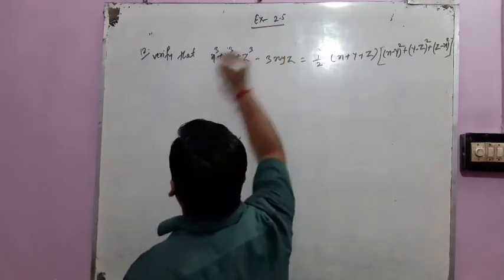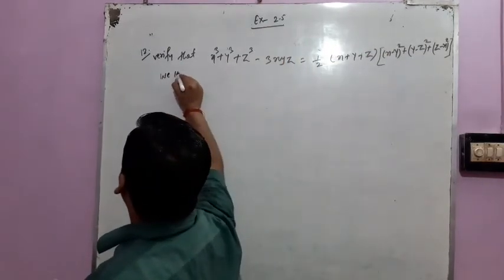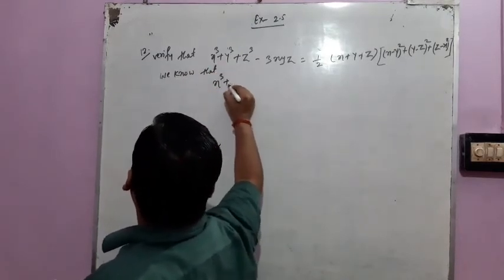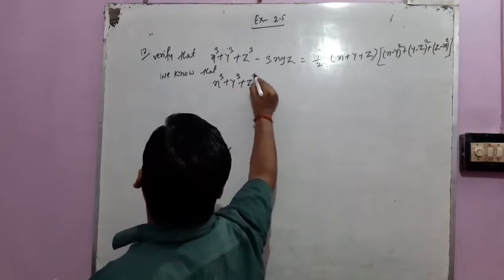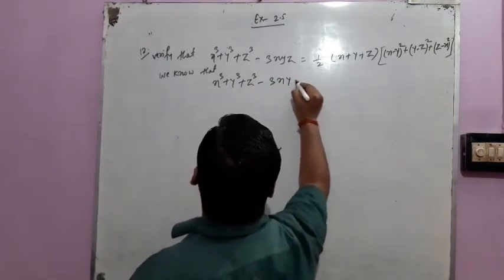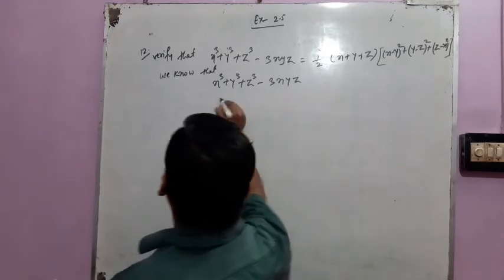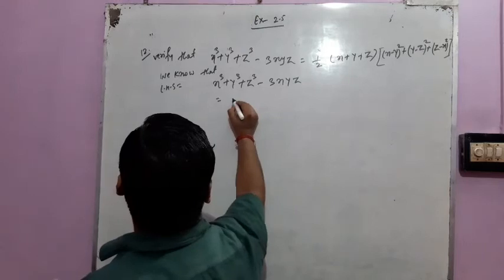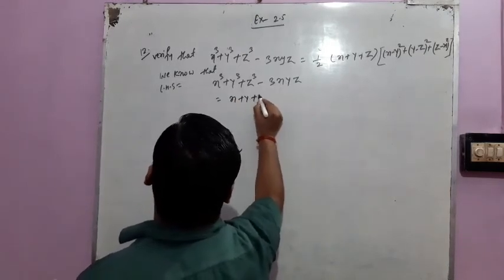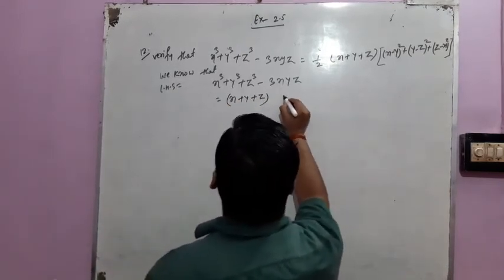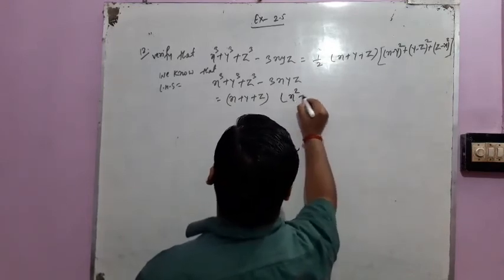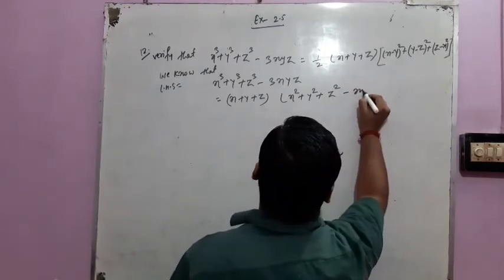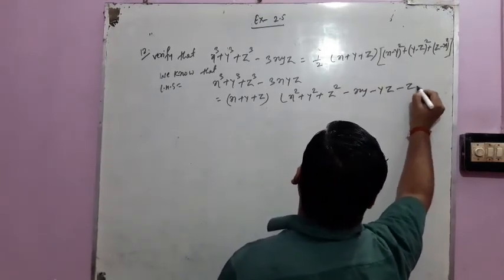As we know, we can write x cube plus y cube plus z cube minus 3xyz in the form of x plus y plus z into x square plus y square plus z square minus xy minus yz minus zx.